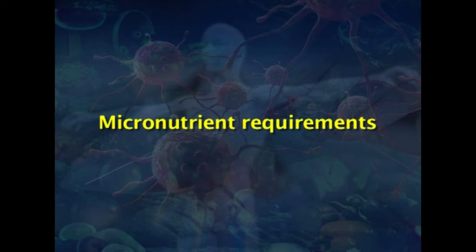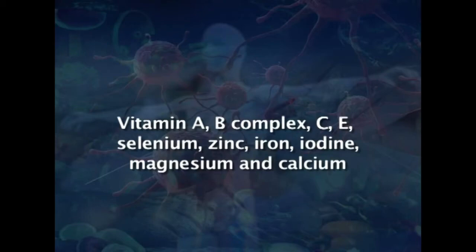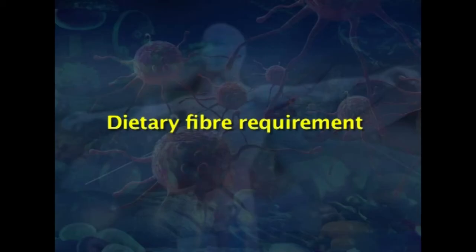Deficiencies are common in HIV, especially vitamin A, B complex, C, vitamin E, selenium, zinc, iron, iodine, magnesium, etc. These are strong for the immune system. Therefore, deficiency of antioxidant vitamins and minerals contributes to oxidative stress, which accelerates cell death and increases the rate of HIV replication.